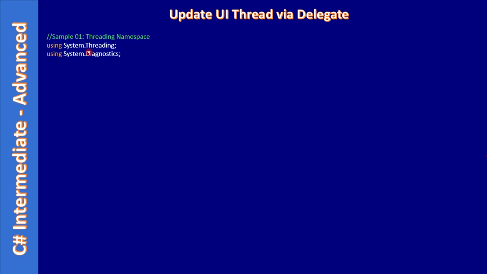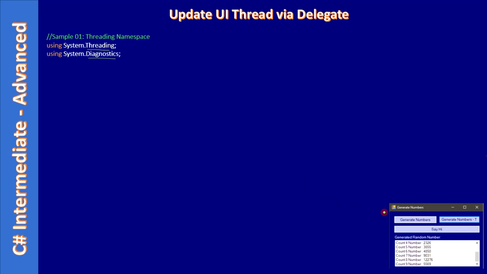Here we use the System.Threading namespace and System.Diagnostics. This is the list box we want to update, and this list box stays on the main UI thread.